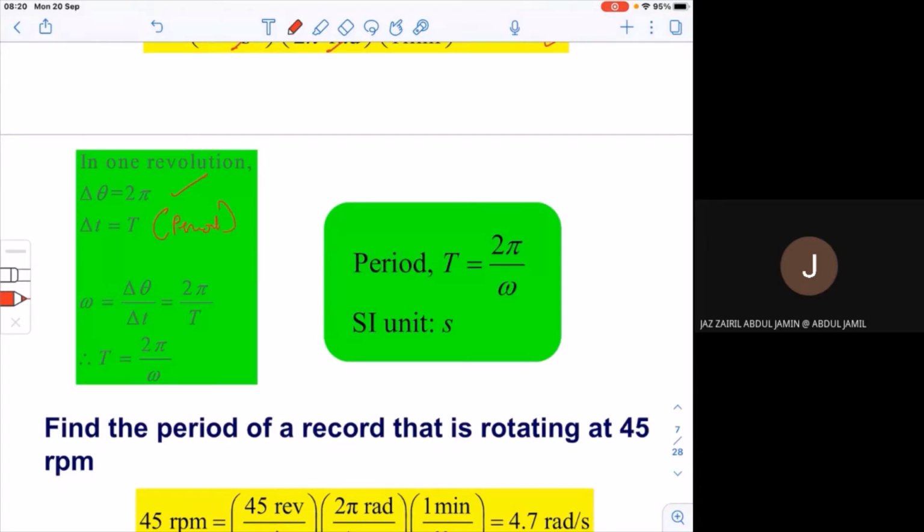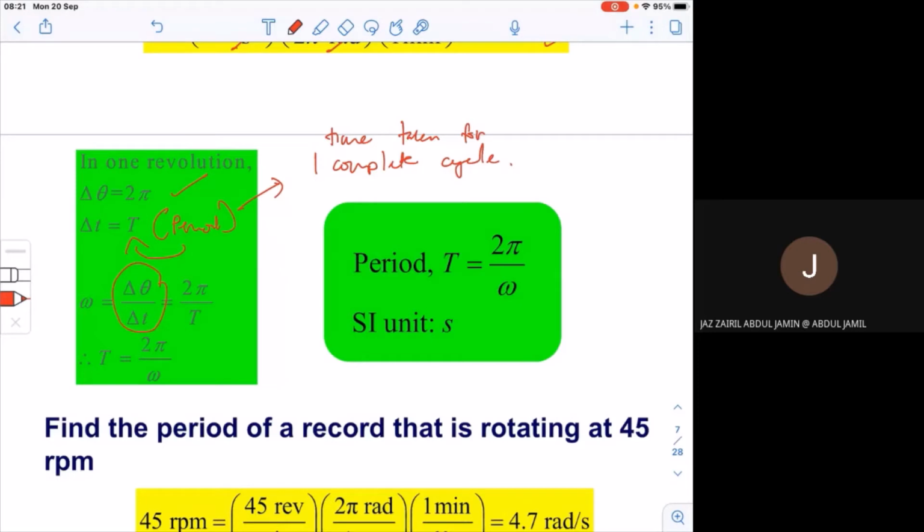The capital T is not time, but it's called period. The unit for period is also seconds. Period means one complete cycle. So period is the time taken for one complete cycle. Here, omega is based on delta theta over delta t.